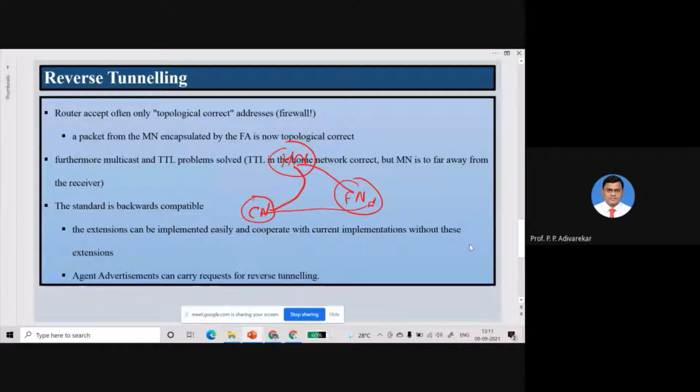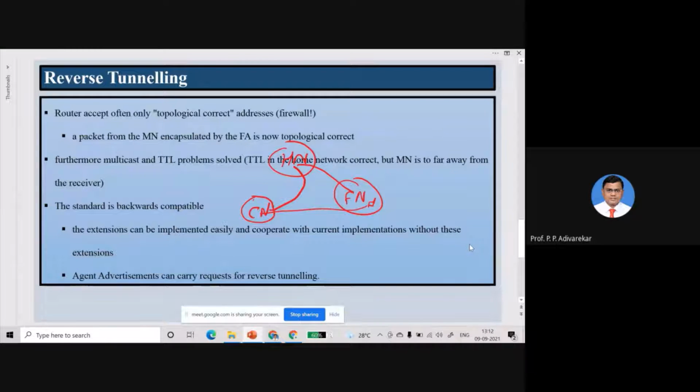Why is it not going through the home agent here? Because when the mobile node has to send a packet to the correspondent node, the destination address is a stationary one, so you don't need a tunnel or mobile IP in that particular case. That's why we can follow the simple path.